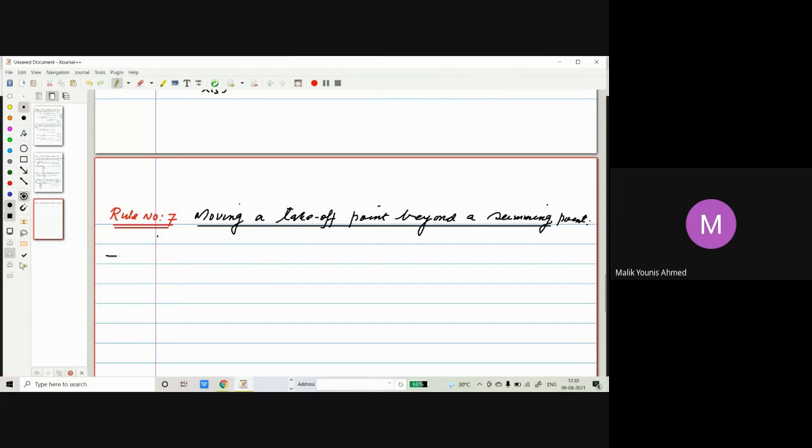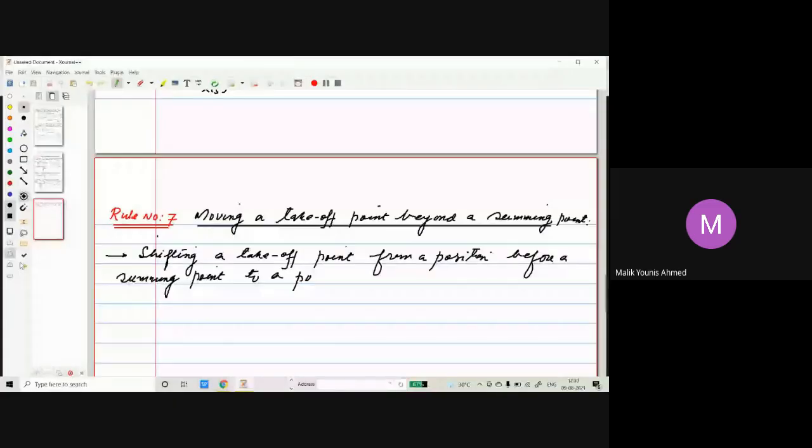Shifting a takeoff point from a position before a summing point to a position after the summing point, as shown.